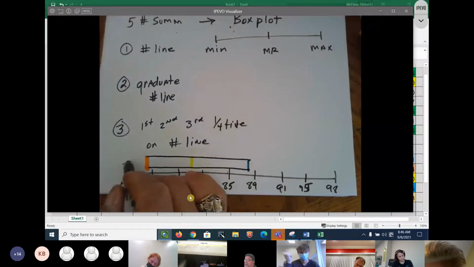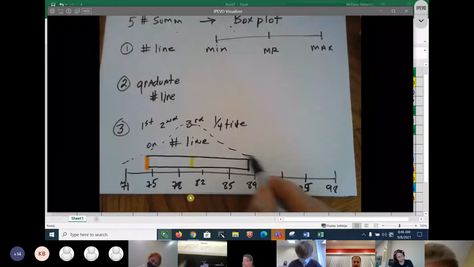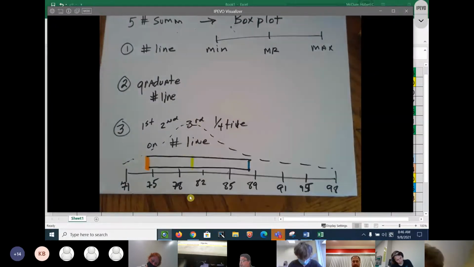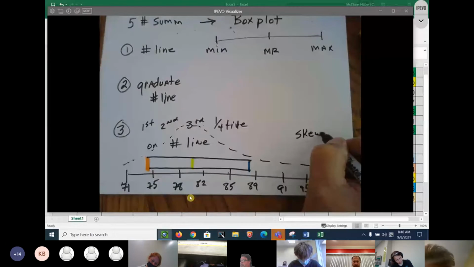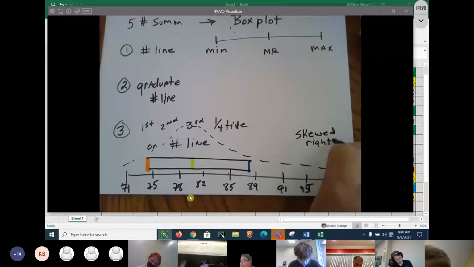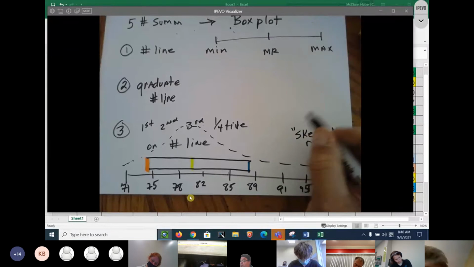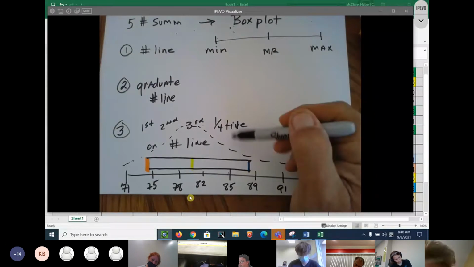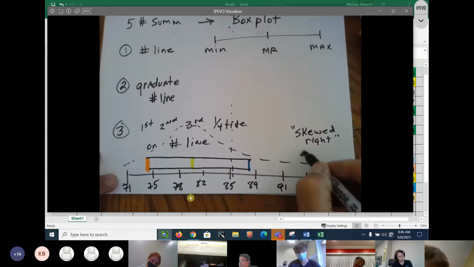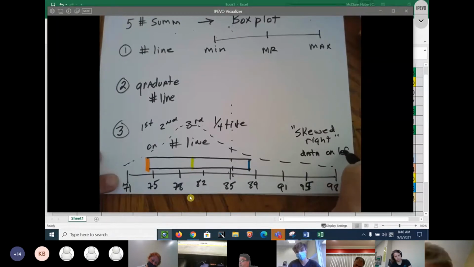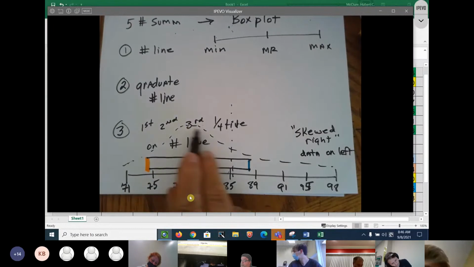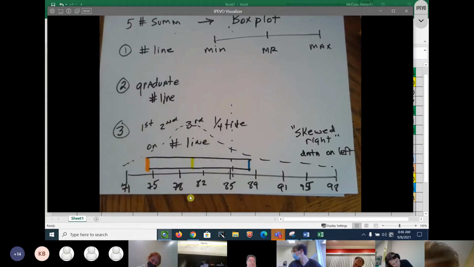So technically it looks like that right there, which is skewed right because all of my data is on the left side of the middle. See? And that's how you do the 5-number summary as well as the box plot. All that comes from all of this.